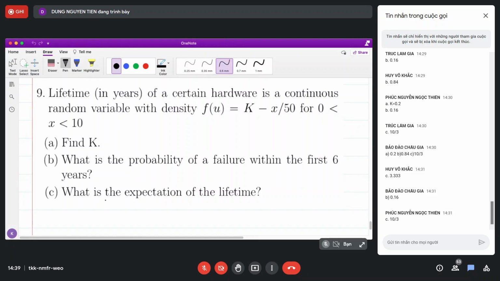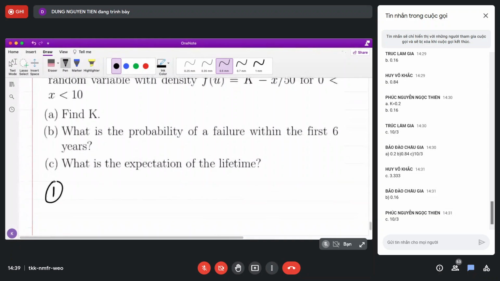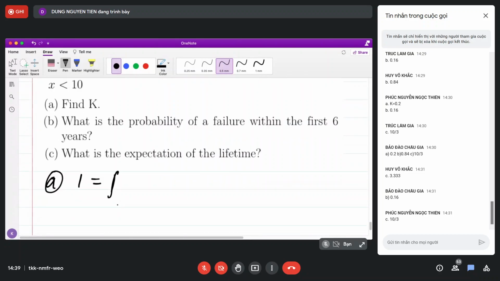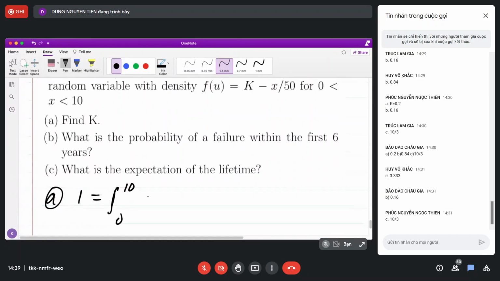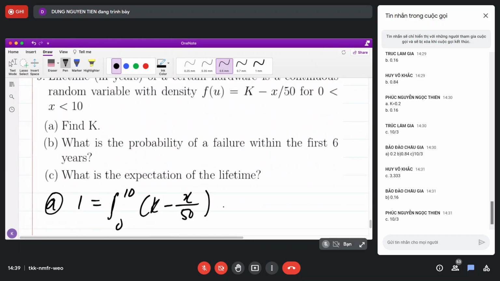In order to find k, you need to use the equation 1 equals the integral from 0 to 10 of (k minus x over 50) dx. So you get k times x minus x squared over 100, from 0 to 10.